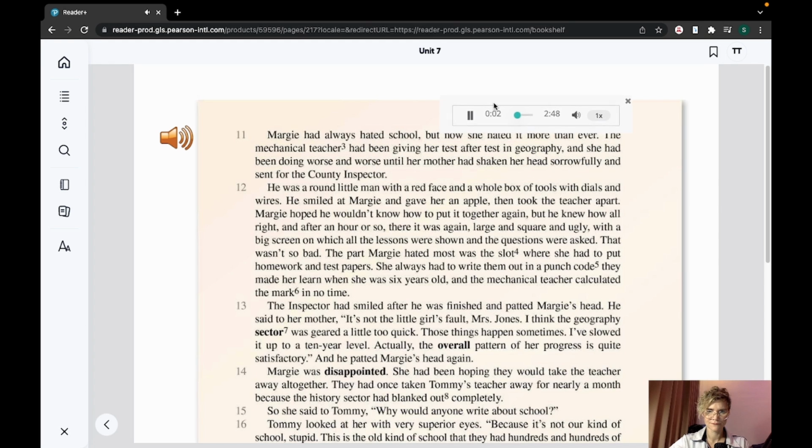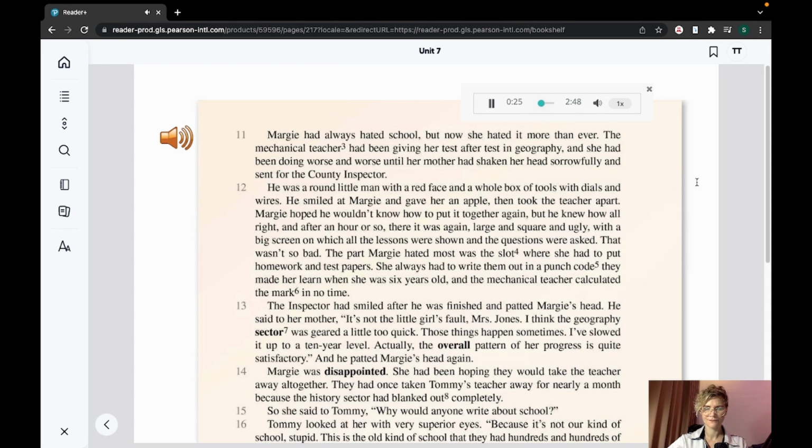Margie had always hated school, but now she hated it more than ever. The mechanical teacher had been giving her test after test in geography, and she had been doing worse and worse until her mother had shaken her head sorrowfully and sent for the county inspector. He was a round little man with a red face and a whole box of tools with dials and wires.